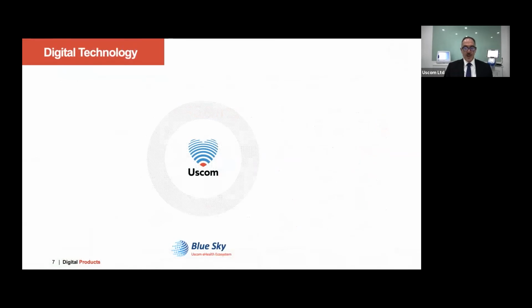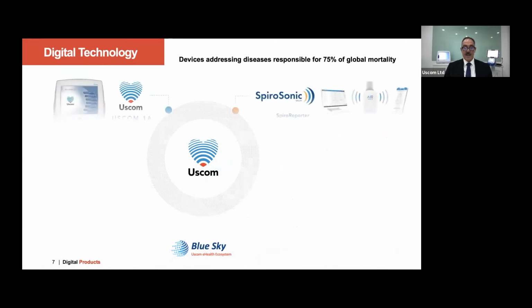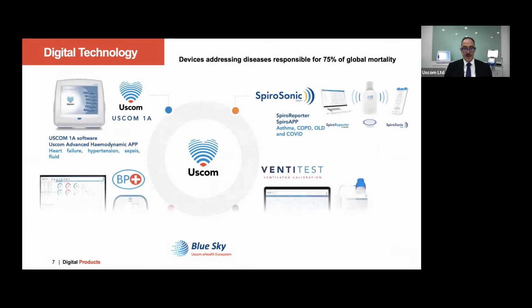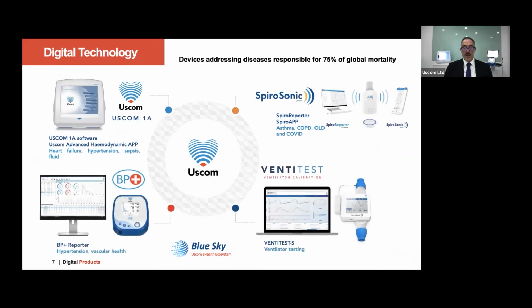Uscom cardiovascular and pulmonary medical technologies include the Uscom 1A, the Uscom BP+, Spirosonic series of devices, and Venti Test, ventilator testing technology. These are all high-value digital technologies. These devices generate a rapidly growing reservoir of high-quality cardiovascular and pulmonary data for analysis, sale, and research.